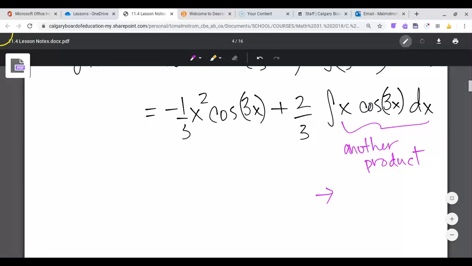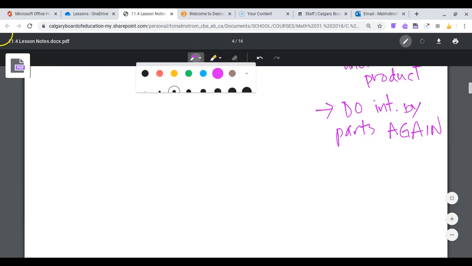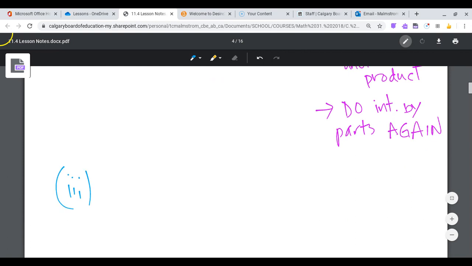You have to do integration by parts again. So this brings in a third step. We have to assign another u and dv piece.